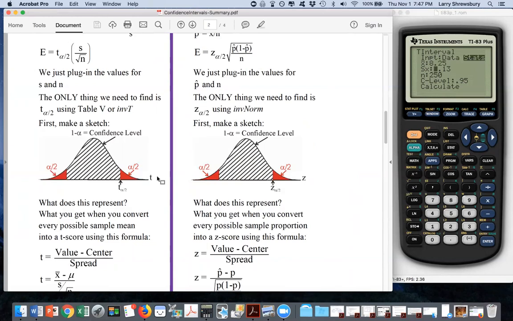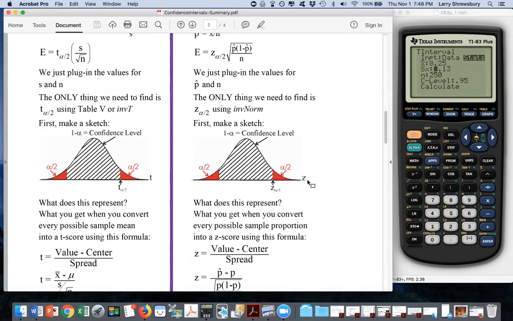Now, for large sample sizes, the t distribution is very close to the z distribution. But for small samples, no, you got to use the t distribution. So we just follow the rule. If you don't know the population standard deviation, you are using the t distribution for quantitative data. But for binary data, it's always the z distribution. T distribution is only for quantitative data.